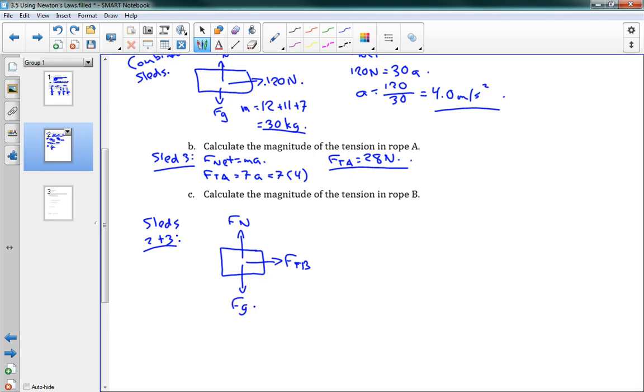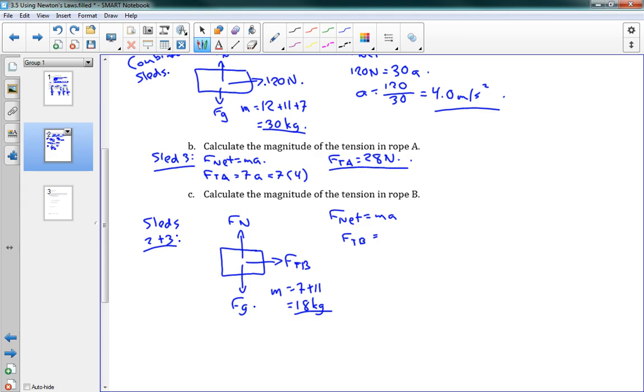Okay, so once again we can say F net equals MA. Here our net force is FTB. And that's going to be equal to our mass. Well, we need to calculate our mass. The mass here for sleds 2 and 3, that's equal to 7 plus 11, which is equal to 18 kilograms.